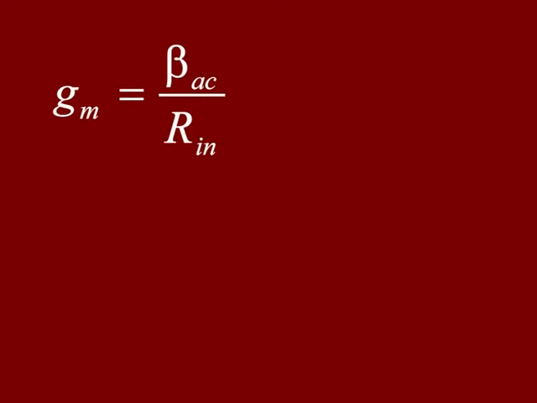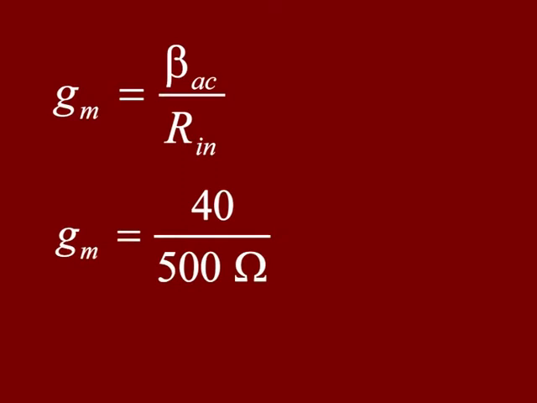Transconductance Gm is equal to beta AC upon Rin. Substituting the values of beta AC and Rin in this equation, we can write Gm is equal to 40 upon 500 ohm or equal to 0.08 ohm inverse.